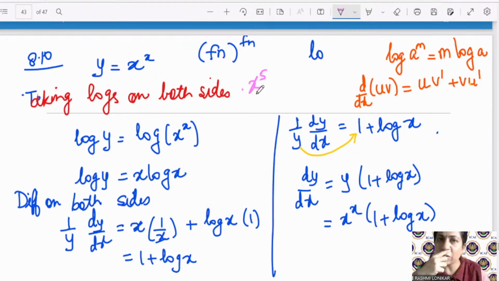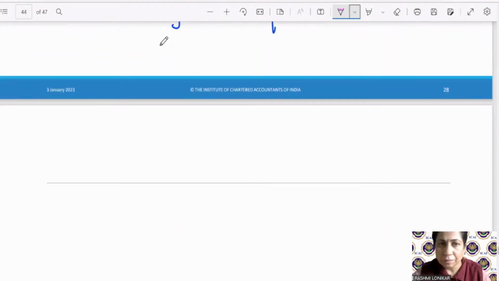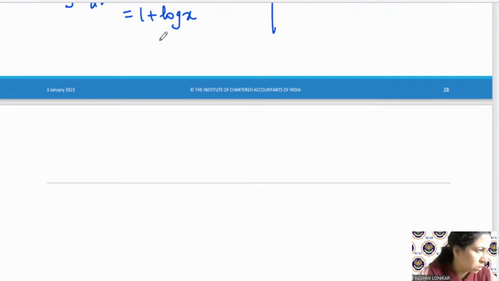Then I will use the simple formula. I don't need to, because here the power is only a number, but here I have raised to x, so that is why I need to do it. Hope this is clear. Then I also want to take this.